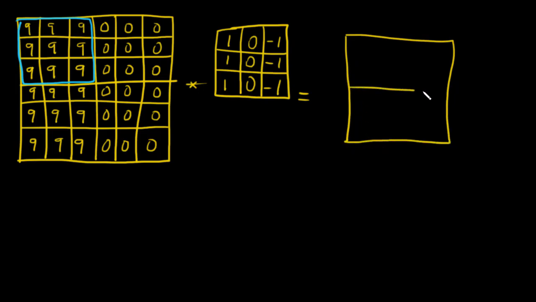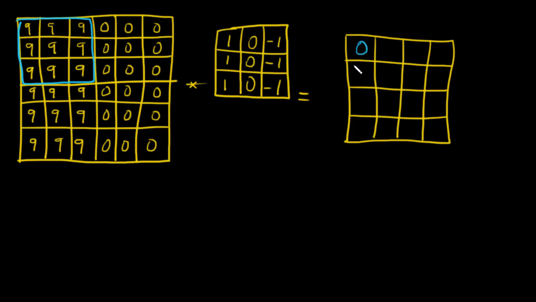I won't go quite into as much depth here because it's not too hard to see since all the values are either 9s or 0s. So here we go. That is going to give me a value of 9 times 1 plus 9 times 0 plus 9 times -1. 0. And same thing for the next row and the next row. So I will wind up with a 0 here.